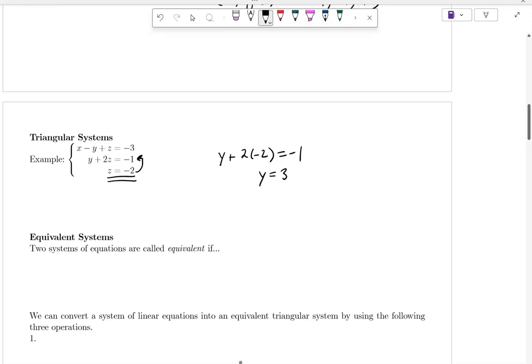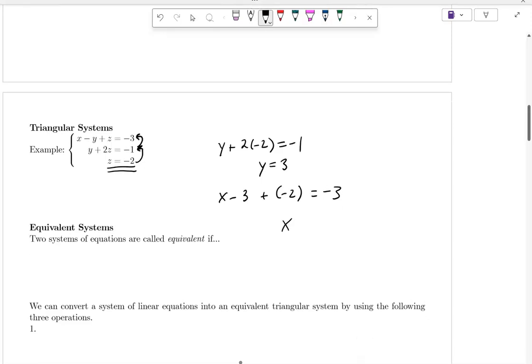Now that we have z and y, we can plug it into the first equation. We'll have x minus 3 plus a -2 equals -3. We should get x equals 2 when we're done.